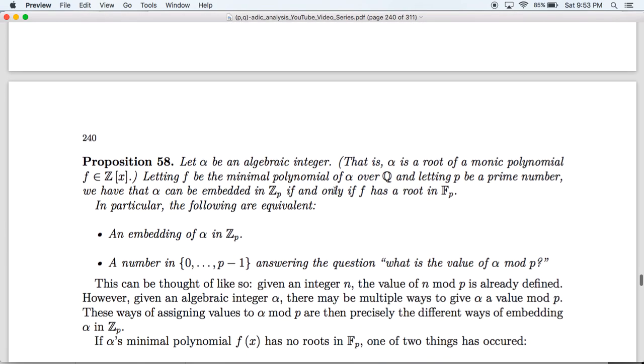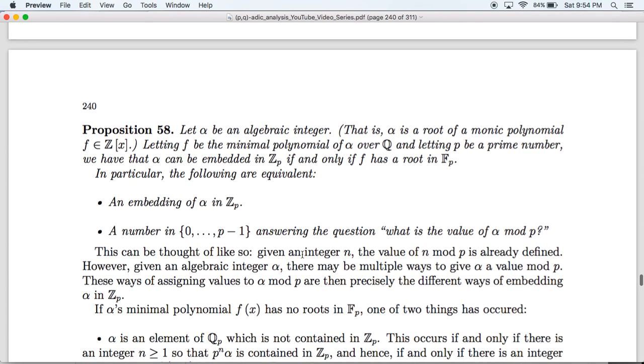Let alpha be an algebraic integer, that is, alpha is the root of a monic polynomial f with integer coefficients. We then have that alpha can be embedded in Z_p if and only if f has a root in F_p, and in particular, the following are equivalent: an embedding of alpha in Z_p, and a number in the interval 0 through p minus 1, which answers the question, what is the value of alpha mod p?